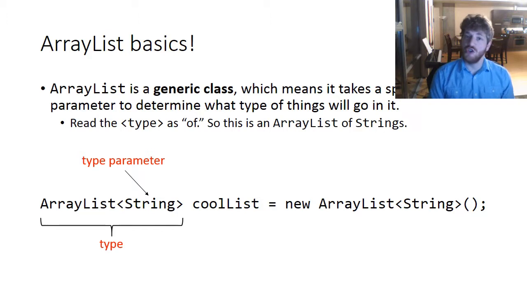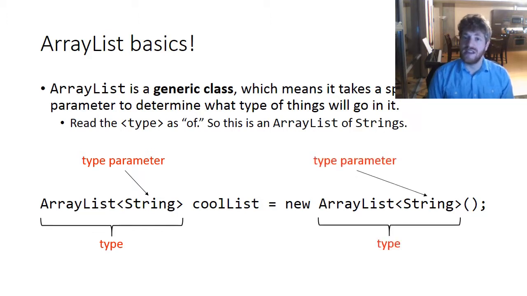And then we say new, and then we restate our type. Just like we say Car myCar equals new Car, or Square mySquare equals new Square, we restate our type on the other side of the equal sign.